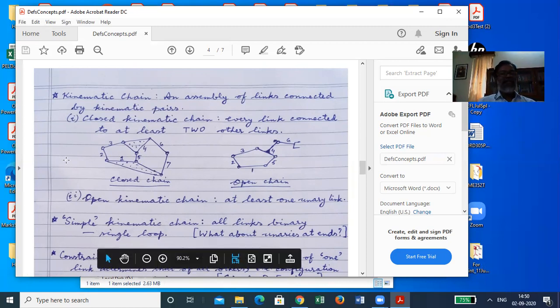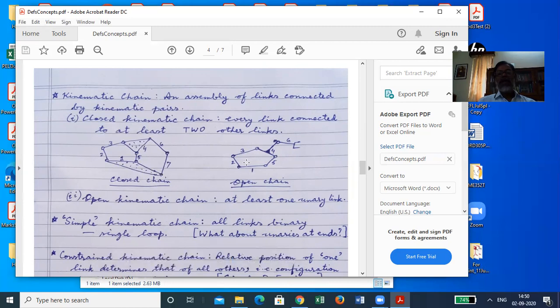You see, in this case there were 2 loops. Here also, in a way, it was 2 loops, 1 loop and 1 incomplete loop. It remains dangling open because it was open.